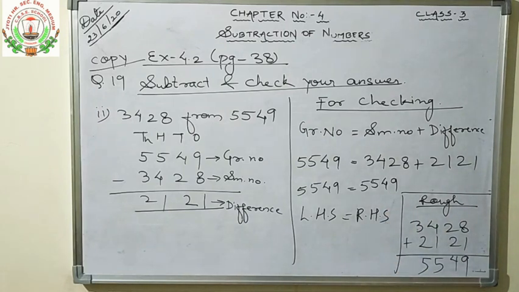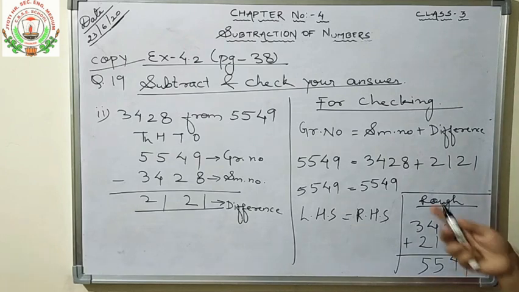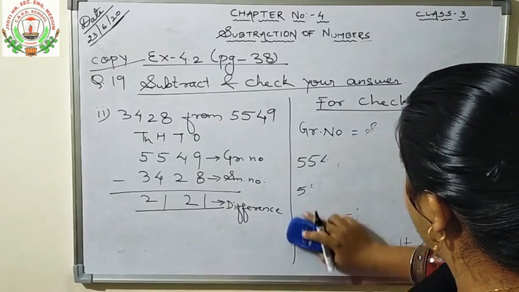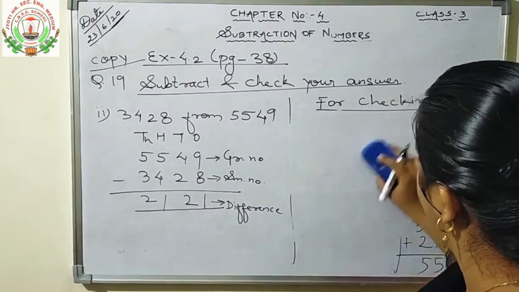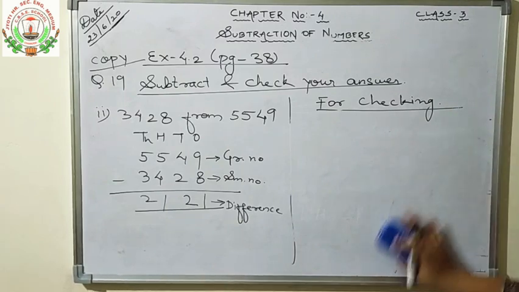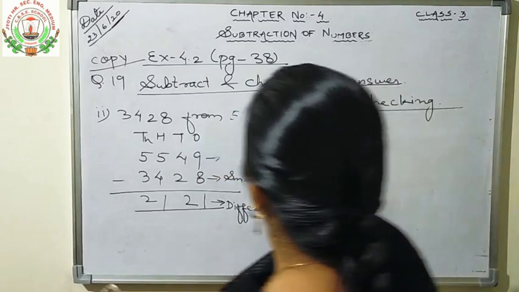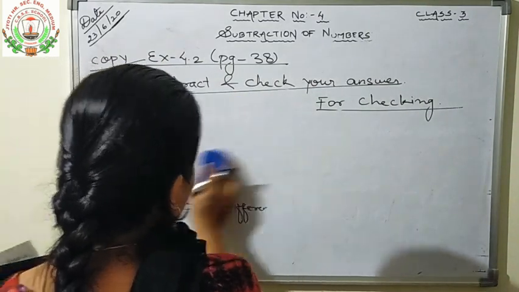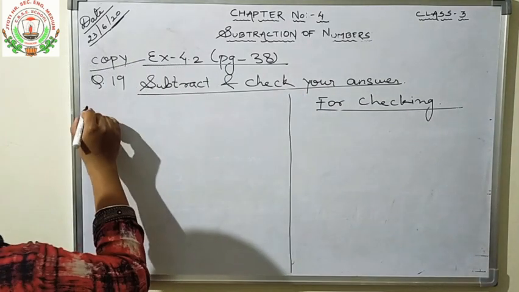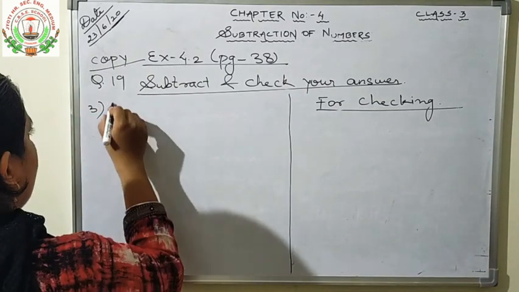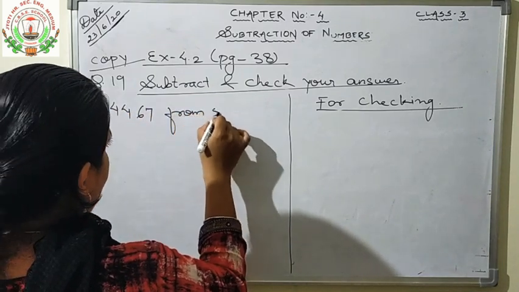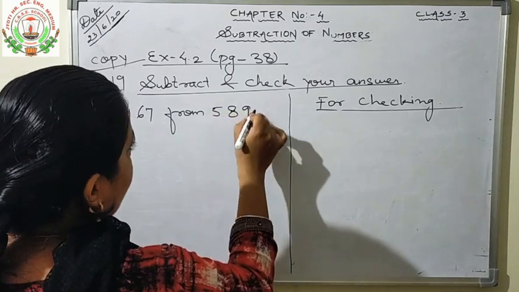Okay. Now one more question we will solve here for checking. Subtract and check your answer. Question number 3 is 4467 from 5897.